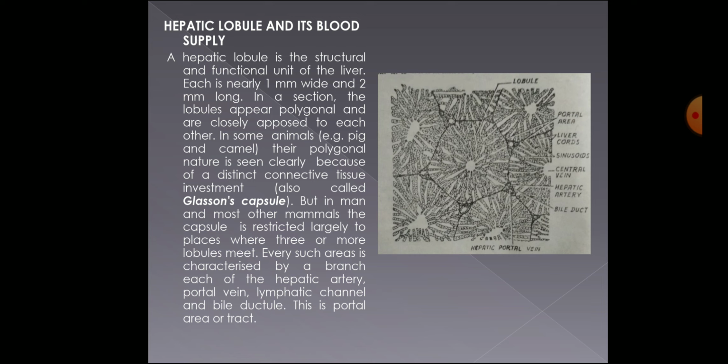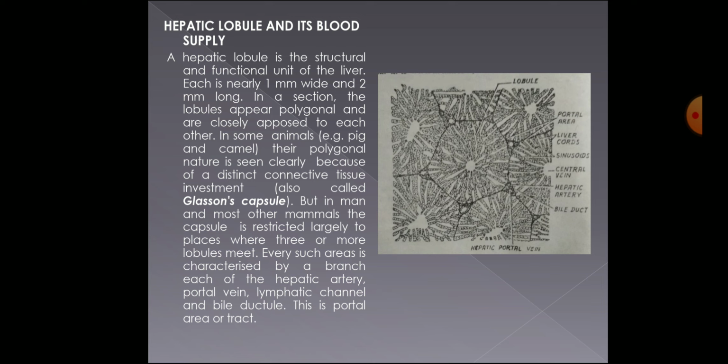Every such area where the lobules meet each other is characterized by a branch each of the hepatic artery, portal vein, lymphatic channel, and bile duct. This is the portal area. That means in between the many lobules, a space occurs. This space is called the hepatic portal area.